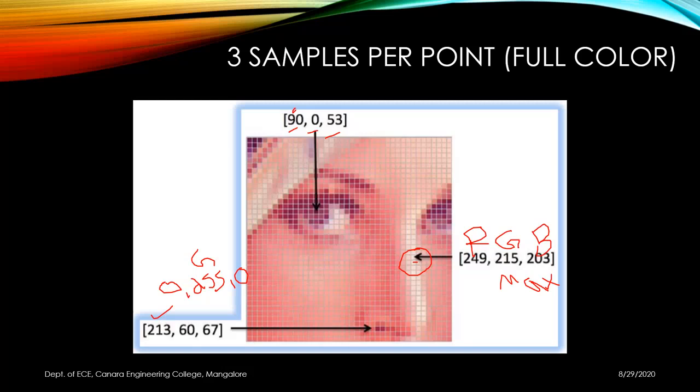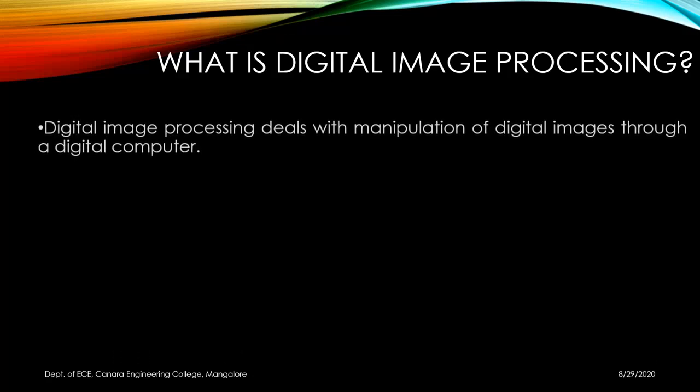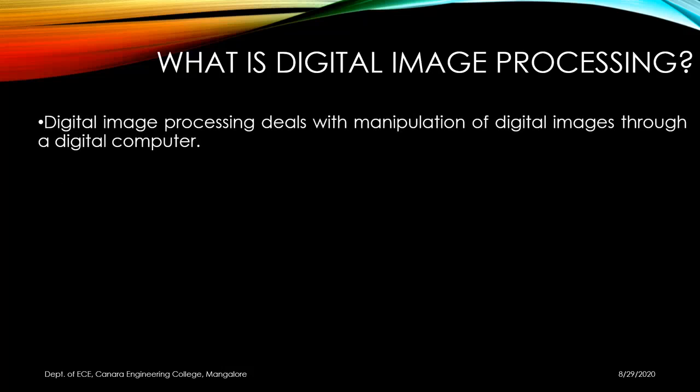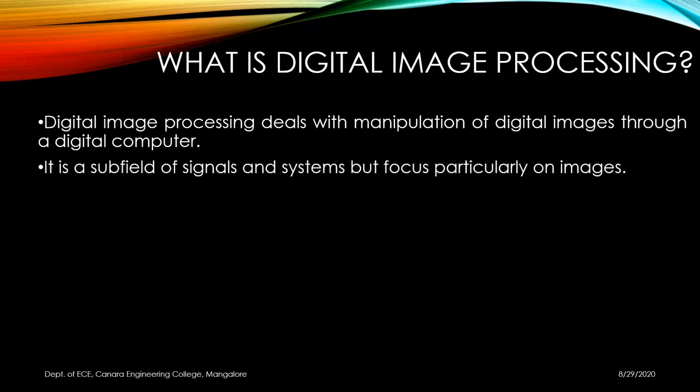Now let's understand what is meant by digital image processing. Digital image processing deals with manipulation of digital images through a digital computer, and it is a subfield of signals and systems but focuses particularly on images. We have two major tasks in digital image processing.